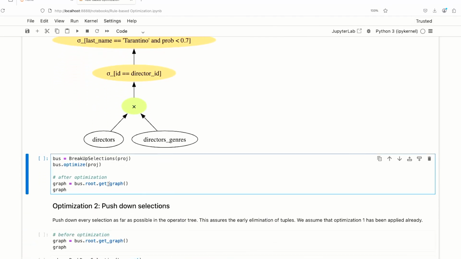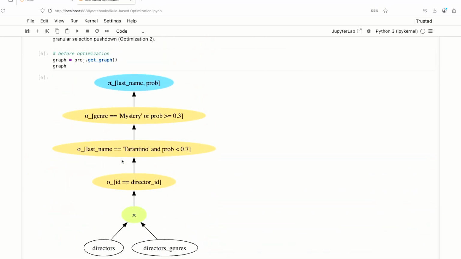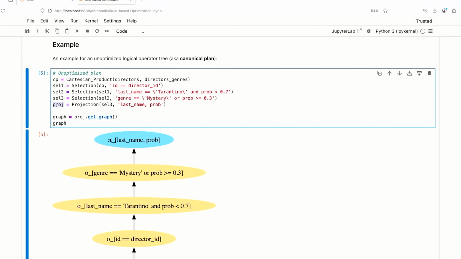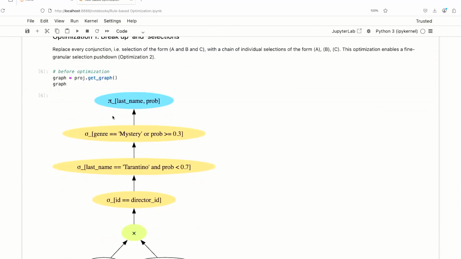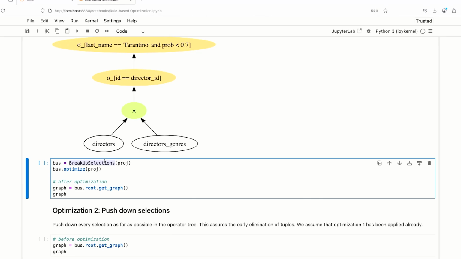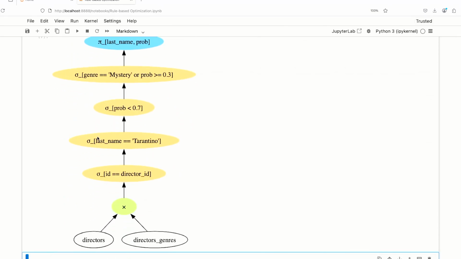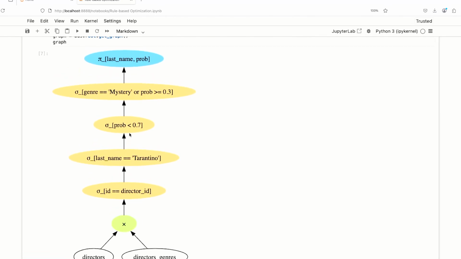In the notebook you see we have this break up selection rule. So where's the projection? The entire plan is called PROJ for projection. Then you feed that into this selection rule, you call optimize, and then you display the graph, and you see something like that. Now we have these split into two different operators.